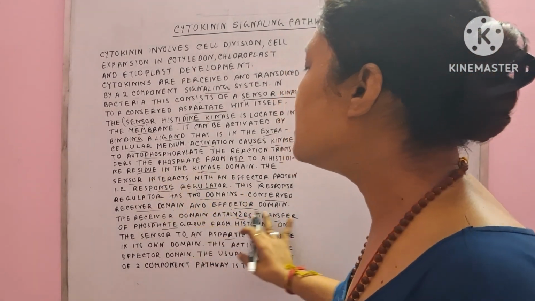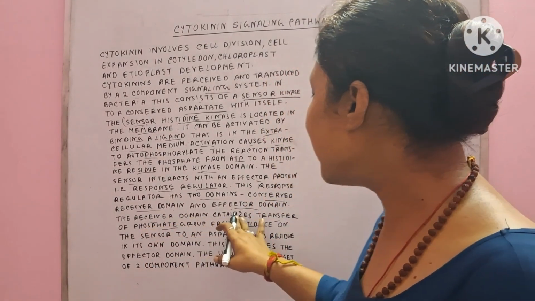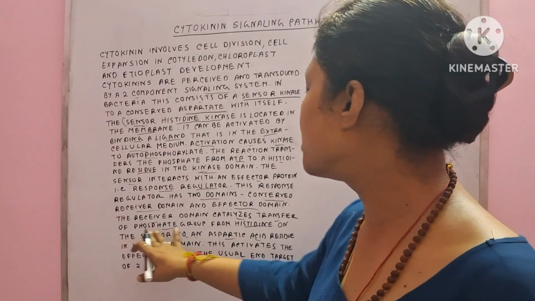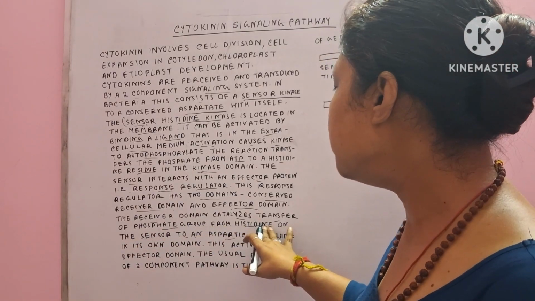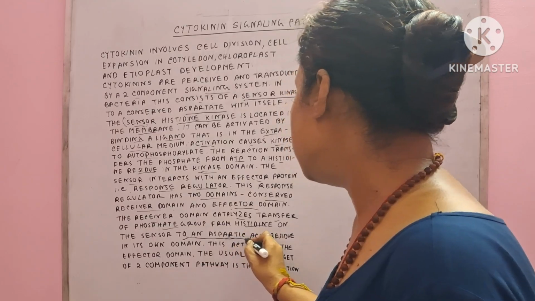Now the role of the receiver domain and the effector domain. The receiver domain catalyzes the transfer of the phosphate group from histidine to aspartic acid.